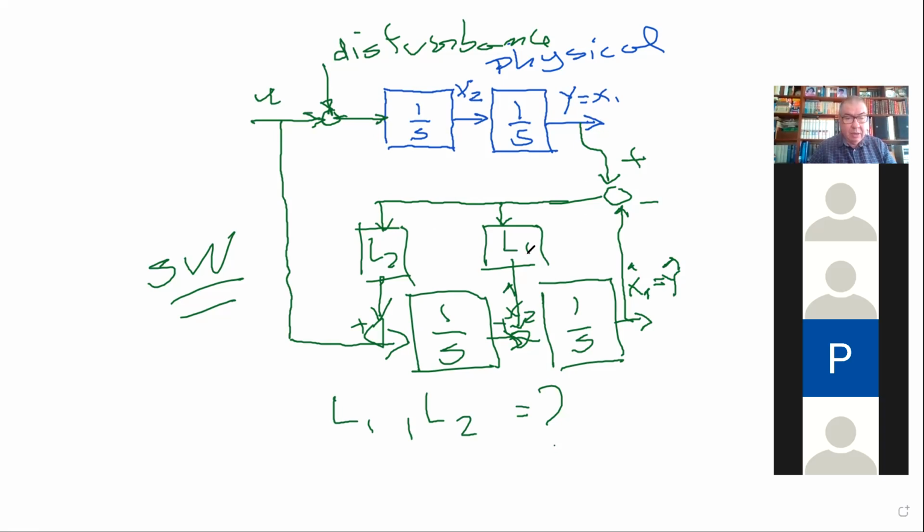And L1 and L2 do nothing. These amplifiers do nothing. So you just have a replica of our system. If, due to disturbances and to noise, you have some deviation of the output with respect to the estimated output, then we hope that these terms can do a correction to you. This is an asymptotic observer.